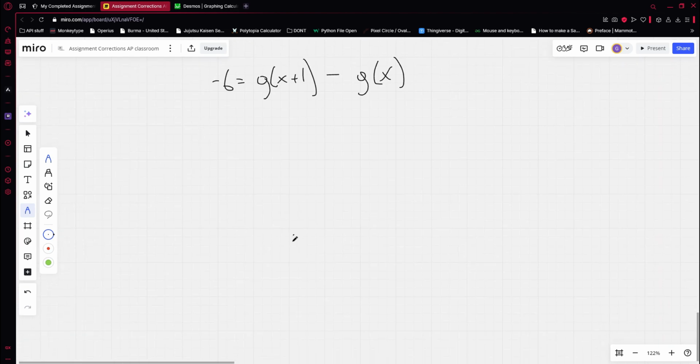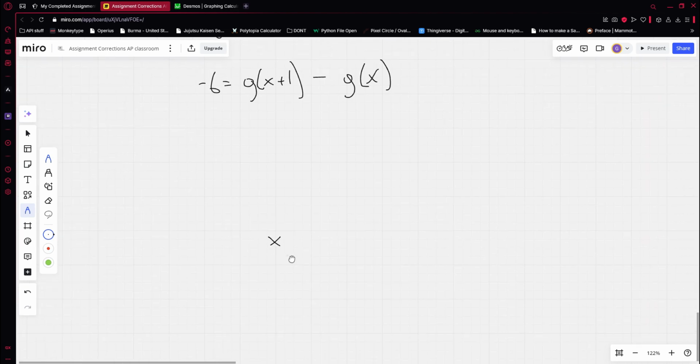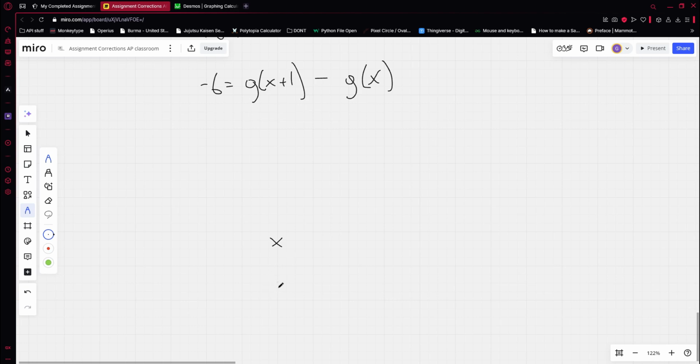Now what you'll notice here, one thing you can think about is, in a normal function, let's say g of x has value of x. That would mean it's increasing. If you were to subtract x plus 1 from x, their y values, you get a positive number because this is higher, right?